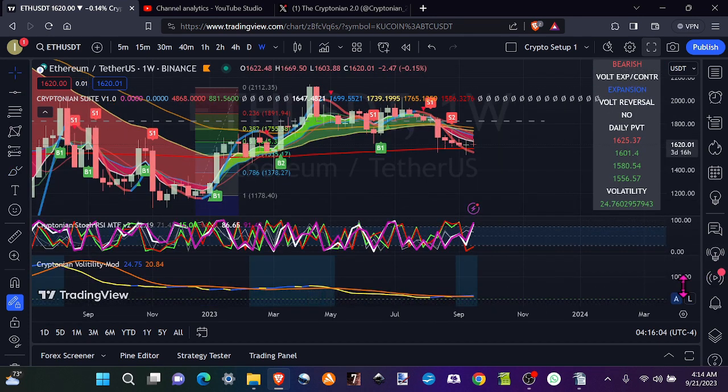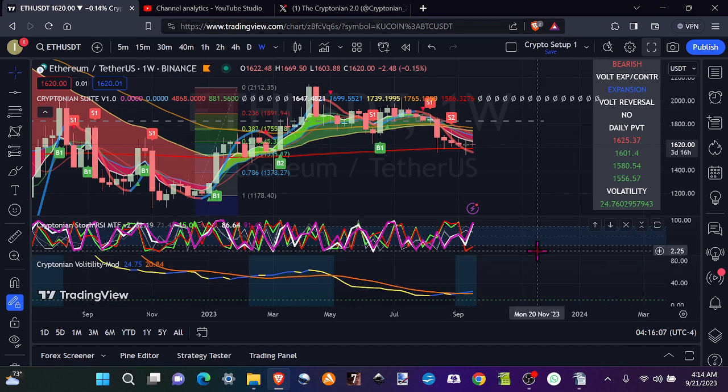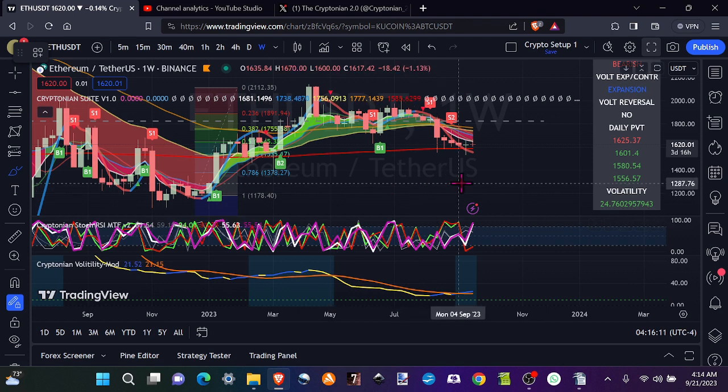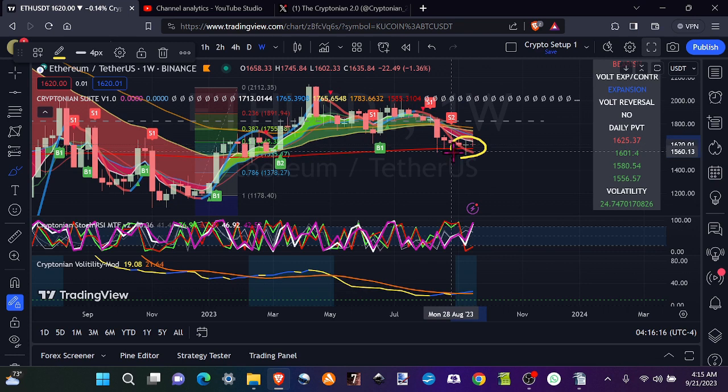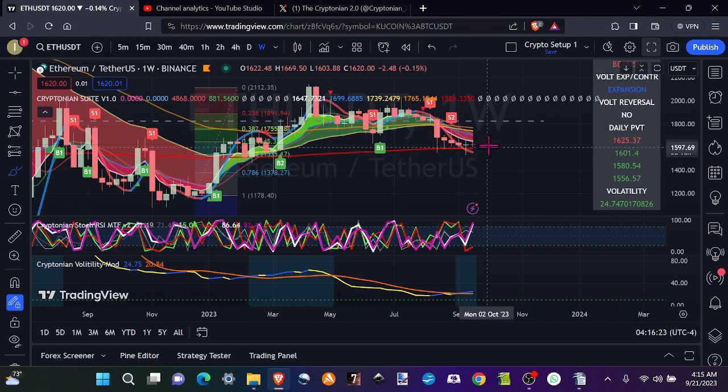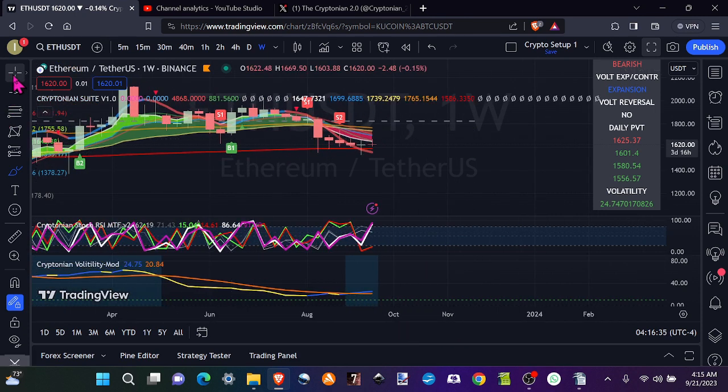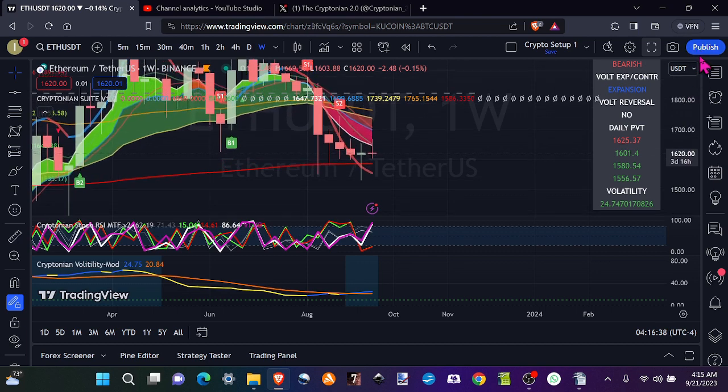Now, when we take a look at the volatility mod, the Cryptonian volatility mod, we can see that we started expansion in this area, and I'm going to say that this expansion is slightly bullish, although we are having some red candlesticks, and the reason is because of this green dragonfly right there in the middle. I've talked about this candlestick before.